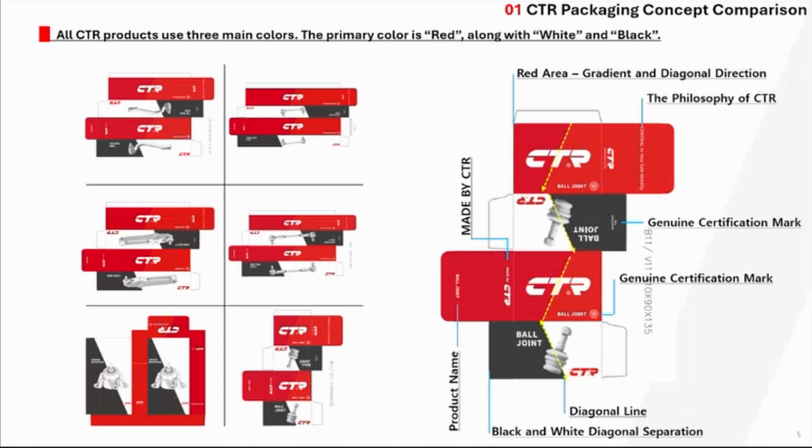The phrase "Central to your safety and mobility" reflects the CTR philosophy and commitment to safety. You also find the clear genuine certification mark, the product name, and a diagonal black and white section that make the part type instantly recognizable. All of these elements work together to strengthen brand recognition and help prevent counterfeiting.